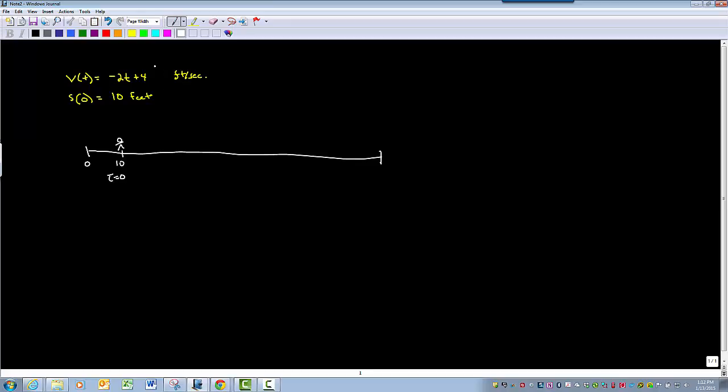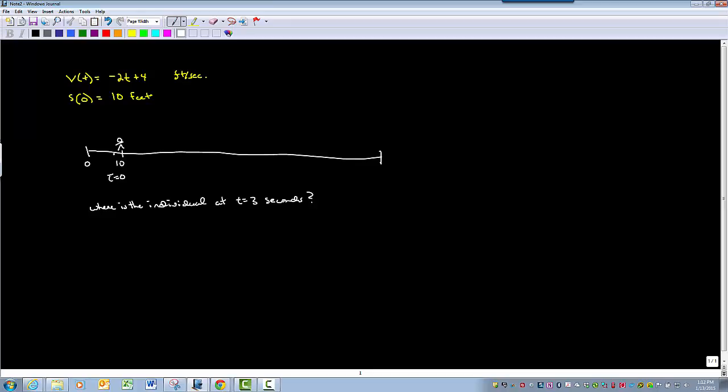Now, the question is, how do we find their position along this road, given this velocity function, at any given time? So let me walk you through an example with just some numbers first. Let's say we want to know where the individual is at t equals 3 seconds.